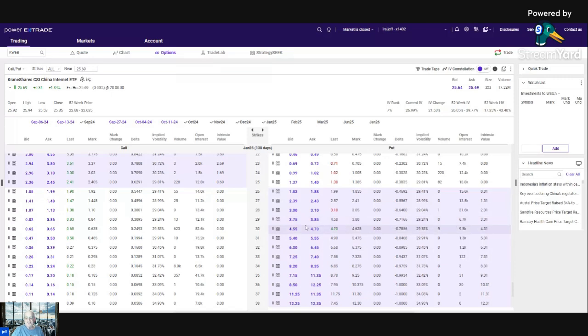So here's 375, and if it goes in your direction $1, or say it goes in your direction $2, you'd make $140 if you buy two contracts, each contract is 100 shares. Over here, I have a rule on the open interest.